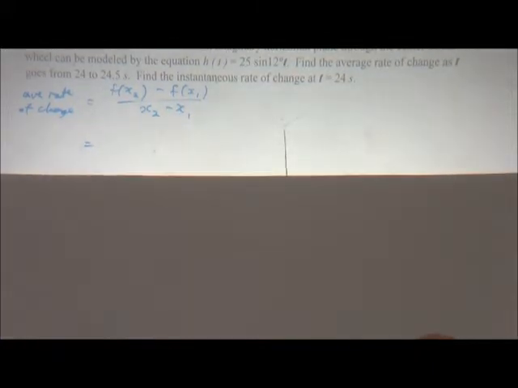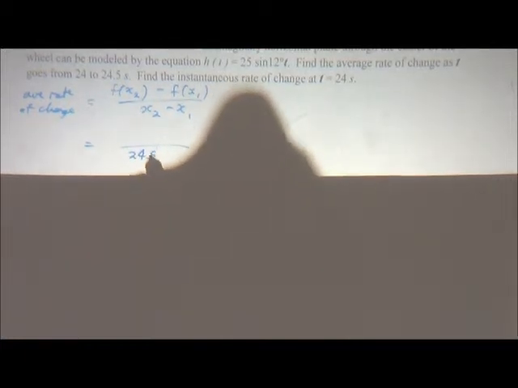What's the formula for calculating average rate of change? Yeah, and if we were to do it with f of x2 minus f of x1 all over x2 minus x1. So I'll use 24.5 as x2, x1 will be 24.